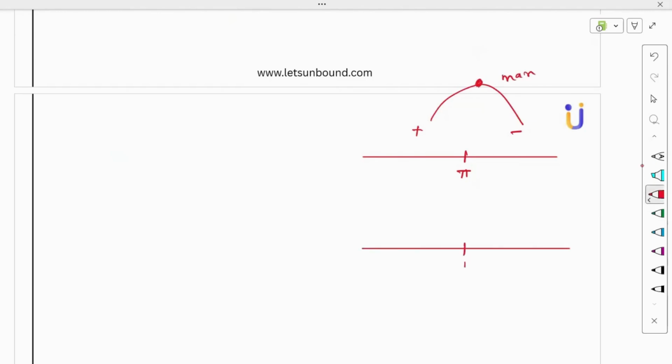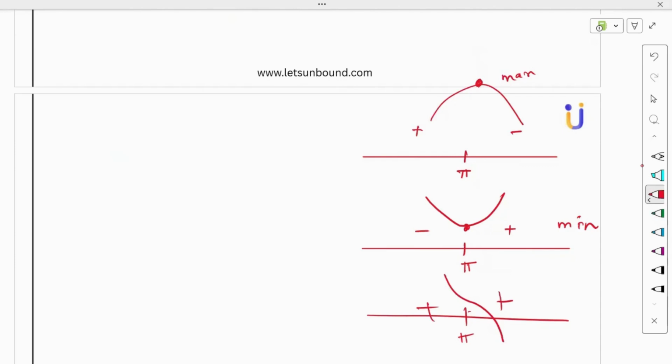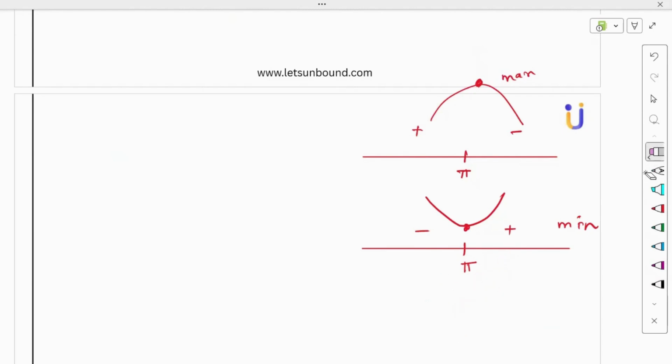If you get minus and then plus, it's decreasing and then increasing, so it is the lowest point, a minimum. If there's no sign change, like going down and going down, or going up and going up, it's neither. So of course we need a sign change, either plus to minus or minus to plus, to classify.